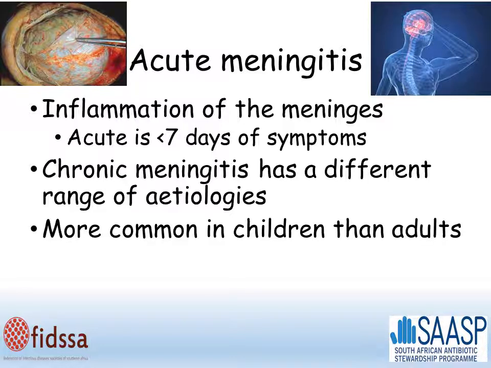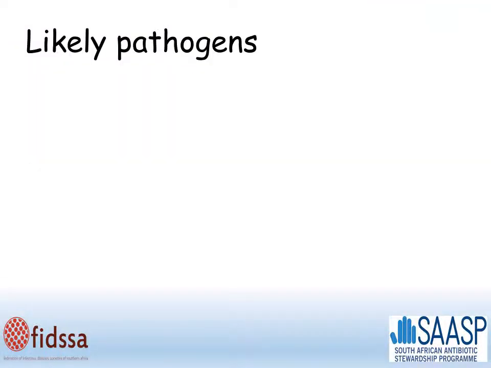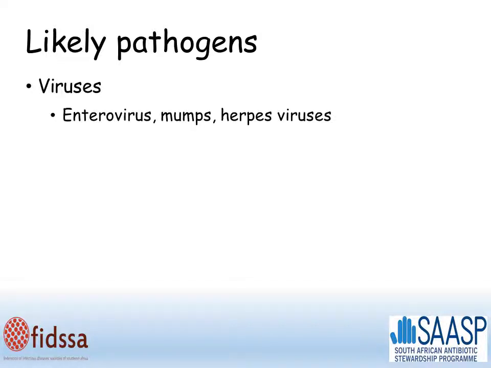It's important to note that acute meningitis is more common in children than adults, although this lecture will focus on adults. There is a long list of likely pathogens, notably viruses such as enteroviruses, mumps virus, and herpes viruses can all cause acute meningitis.